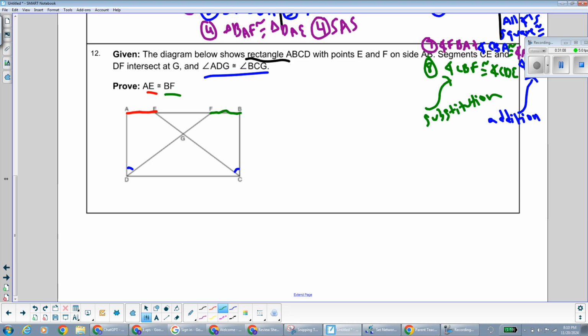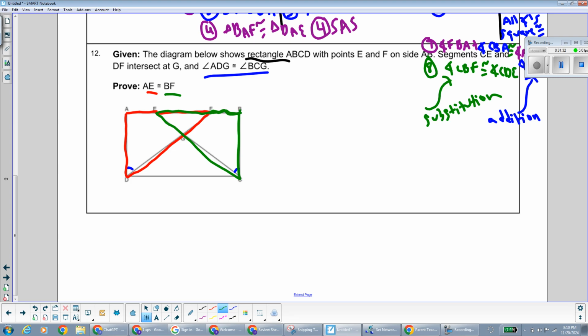This one's going to be a little bit tricky because AE and BF are not sides of any triangles. But if I extend AE to AF, well, that's a side of this triangle. And if I extend BF to BE, that's a side of this triangle.